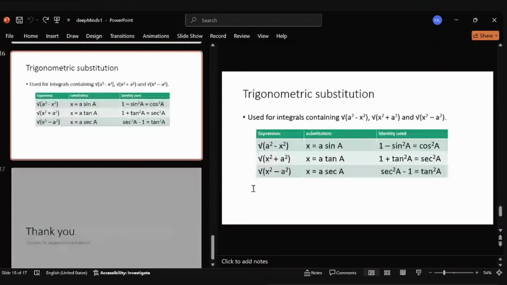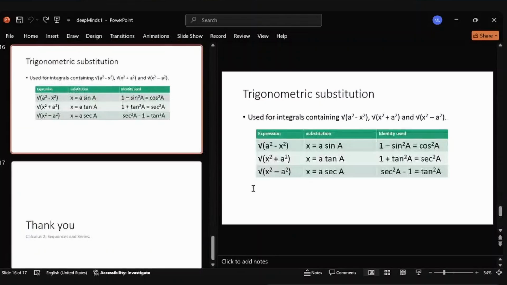Then another technique that we use is trigonometric substitution. It's used for integrals containing expressions similar to these three. There's a way we use to derive them, but it could take some time, though it's not difficult. However, these are the identities and substitutions that we use.